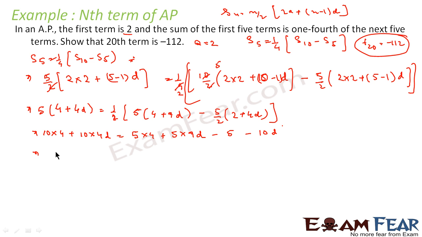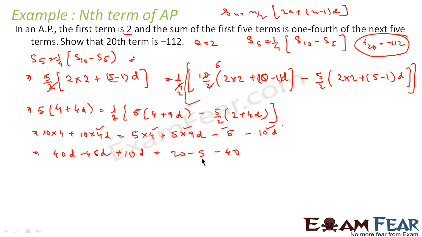So this is 40D. I'll put all D this side. Minus 45D plus 10D. This is equal to 5 into 4, 20 minus 5. This is minus 5. This is minus 40.